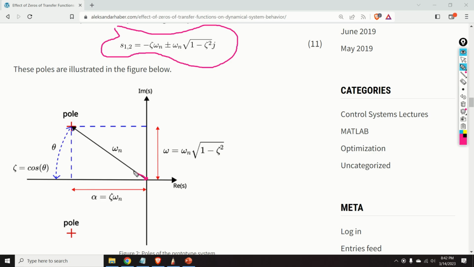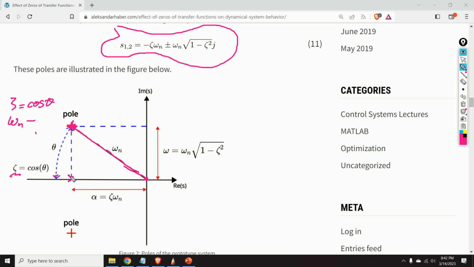Omega n is simply the distance from the pole to the origin, and zeta is the cosine of the angle between this vector connecting zero and the pole and the real axis. So zeta is cosine theta, and omega n is simply a distance.